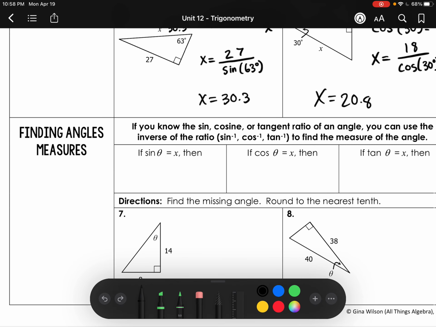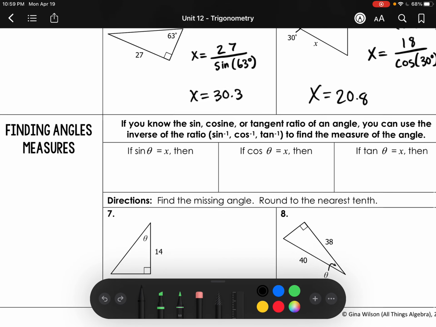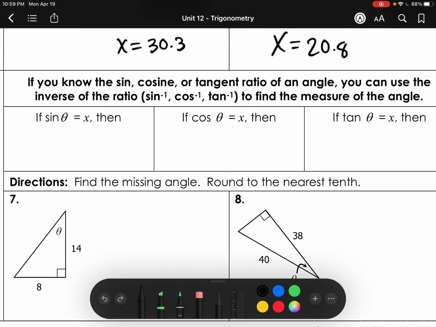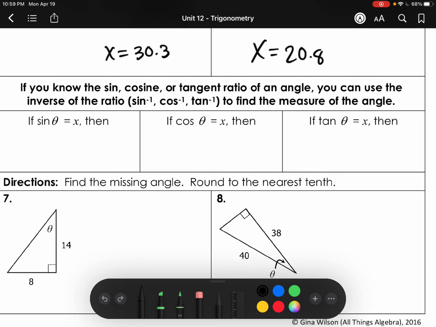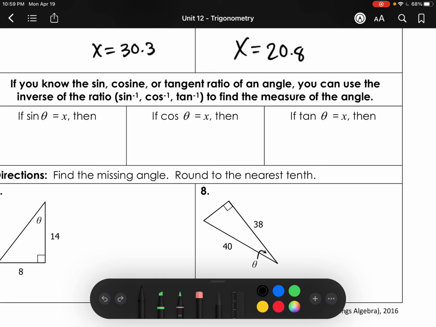All right, so now for this next part, we're going to be finding angle measures. This says if you know the sine, cosine, or tangent ratio of an angle, you can use the inverse of the ratio, which is denoted in this manner. Sine with the exponent -1 is the inverse of sine. Cosine with exponent of -1 is the inverse of cosine.